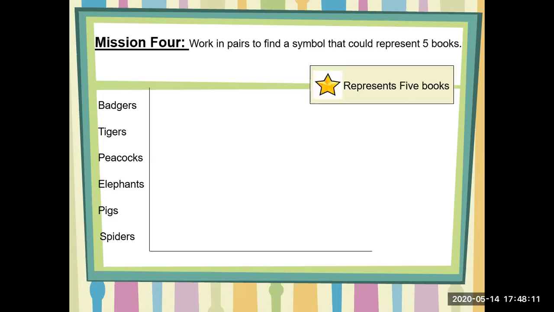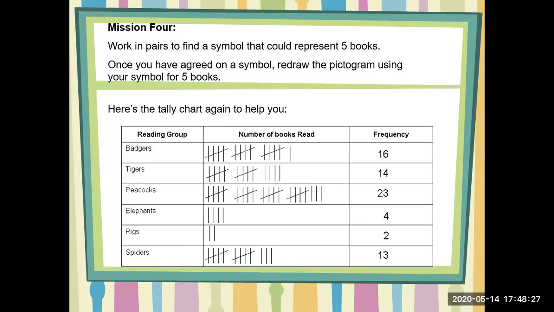Fantastic. A 5-star shape. All right. So spiders again is 13. 13 divided by 5. Again, you'll be needing your division skills to work this out.